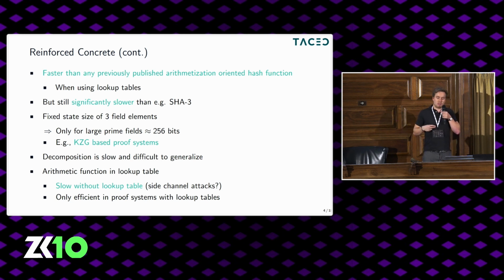But as we know since the beginning of AES, when we have lookup tables in hash functions, these may be susceptible to cache-based side channel attacks. So when side channel attacks come to zero knowledge, this might be a problem in the future. But right now, I'm not aware that this is exploited so far. But in the future, we might want to protect against side channels as well.